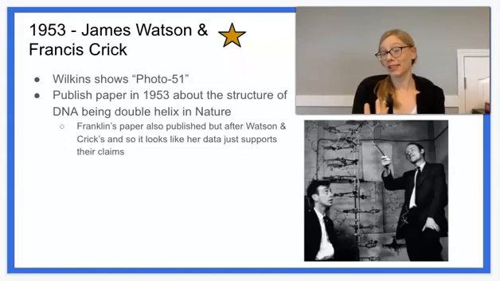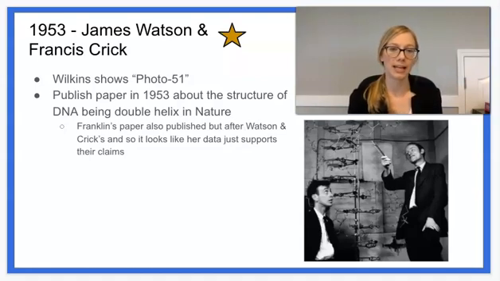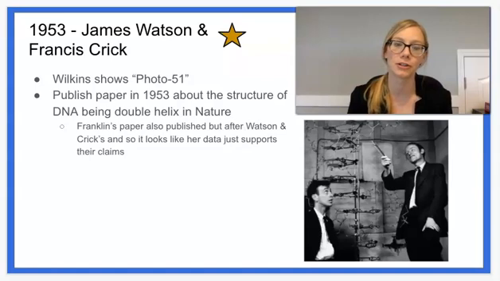And so it's with this Photo 51 that Watson and Crick actually say, oh, the structure of DNA is a double helix. And they published this paper in 1953 about the structure of DNA, and it is the double helix in this scientific paper called, or organization called Nature.